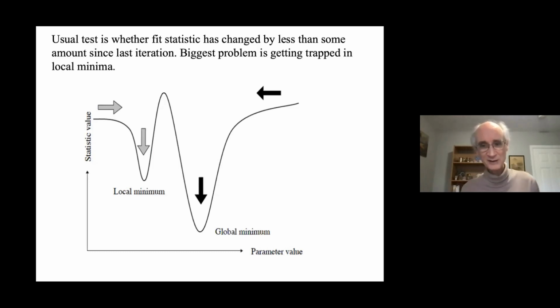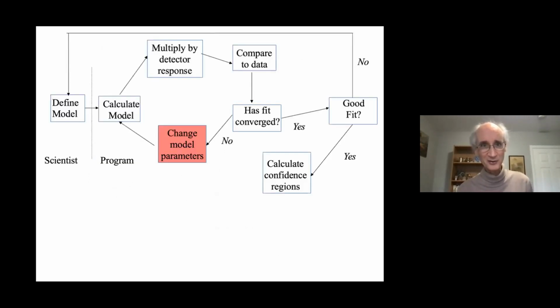If I'm approaching from the right-hand side of this plot, then I end up falling into this global minimum. But if I come from the left-hand side, then I fall into this other local minimum, and I don't ever get out to find the true best fit. So this is a problem which actually happens a lot.